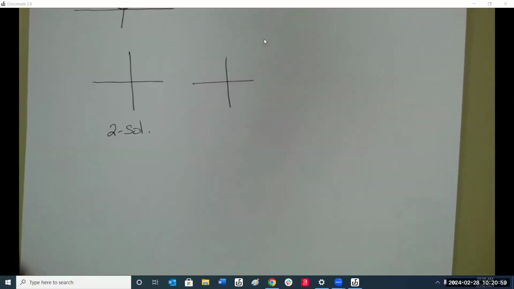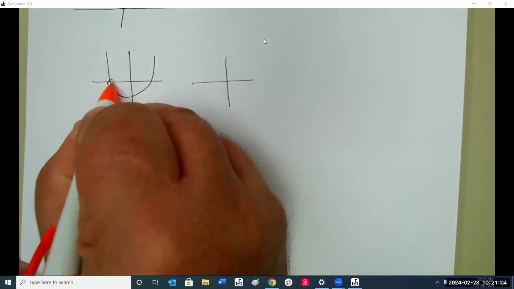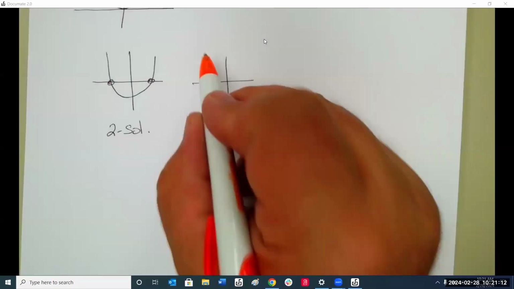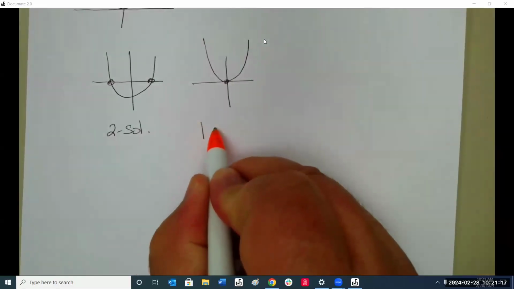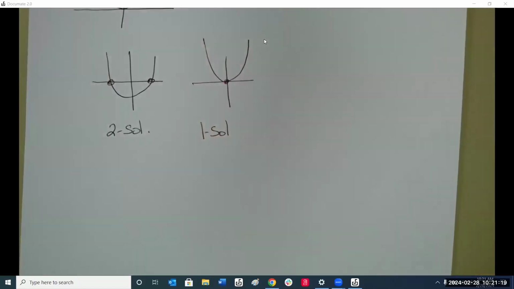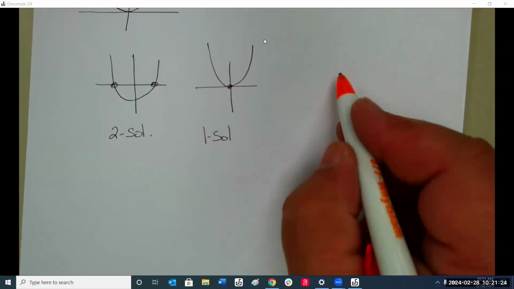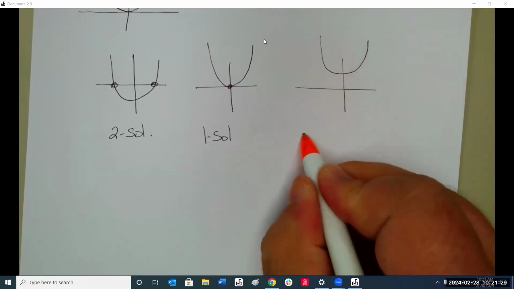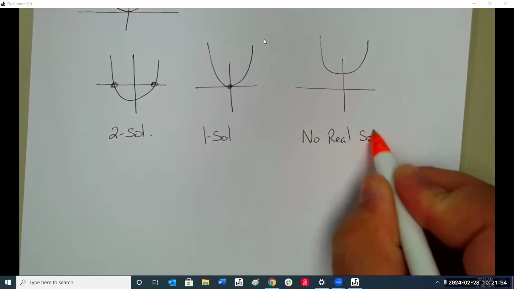What does that mean? Our graph can look like this. We can have two solutions. Or the graph can have only one solution. Or the graph can have what we call no real solutions.